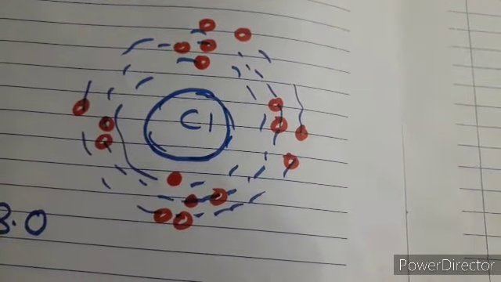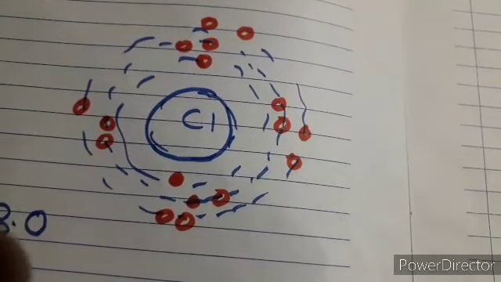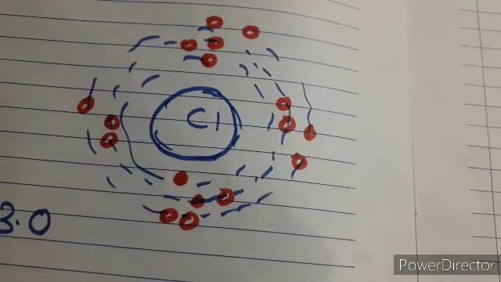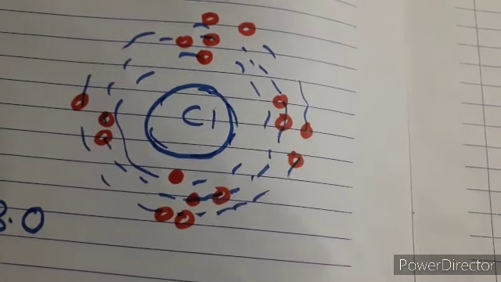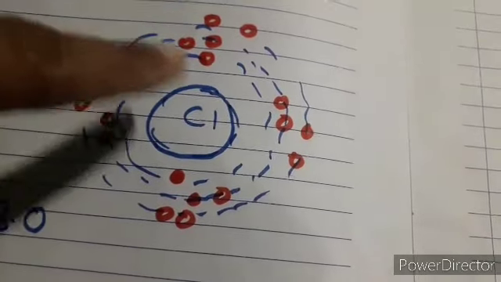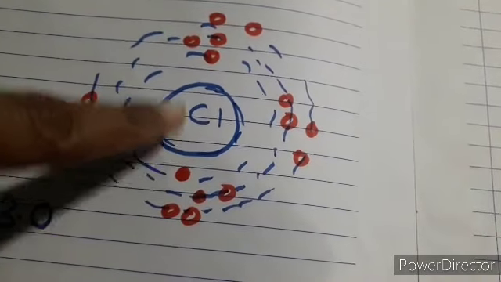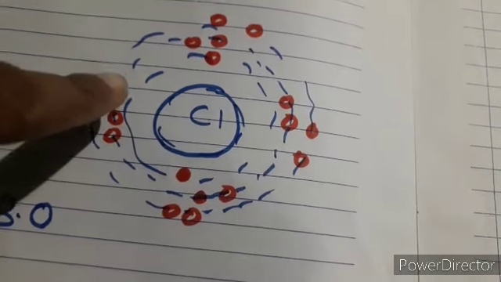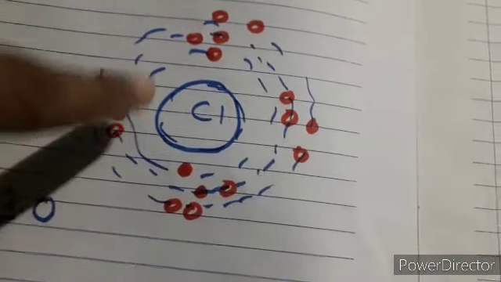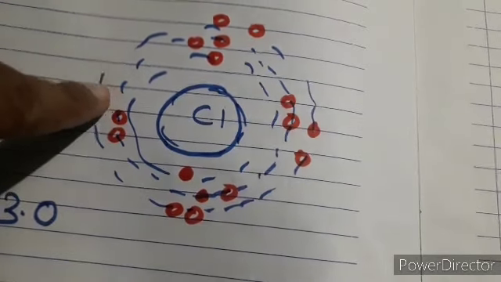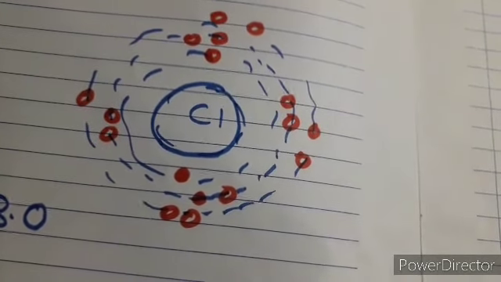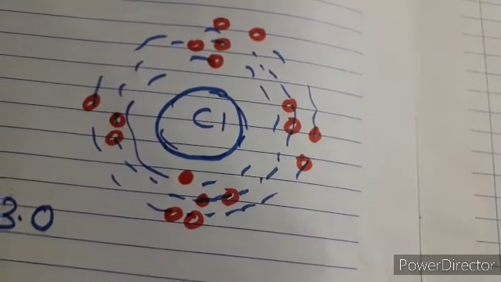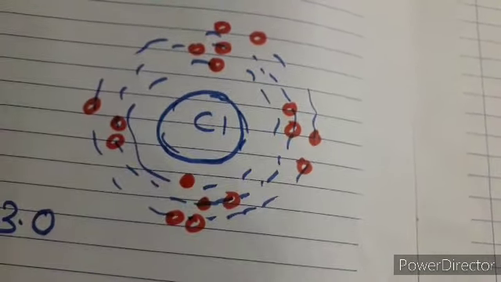Because here the nuclear charge is more, it will attract the electrons more greatly towards itself, and any electron coming from outside will be easily accepted into its outermost orbit. This way it becomes electronegative in nature. Now I think you have got the point: when nuclear charge increases, electronegativity also increases.